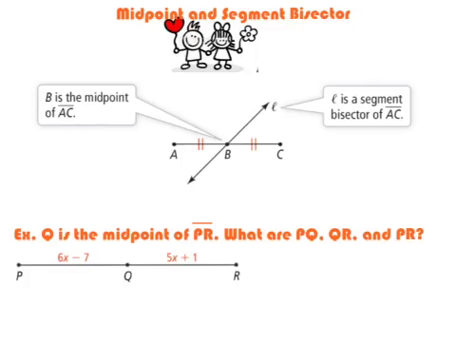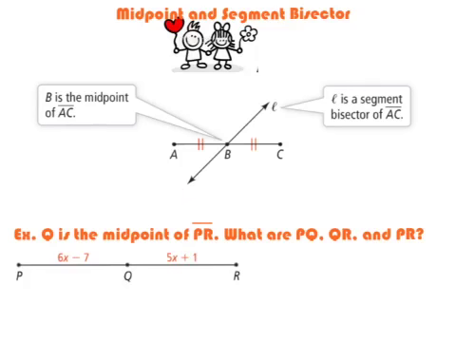Now, a point or a line or a ray or any other segment that intersects the segment at its midpoint, like we see here. So here's the segment. Here is the midpoint, and we know it's the midpoint because it tells us over here, B is the midpoint. Now we have this line that's going through the midpoint.